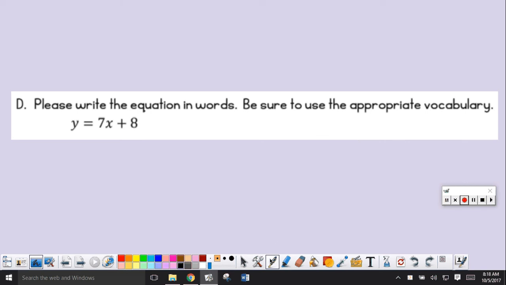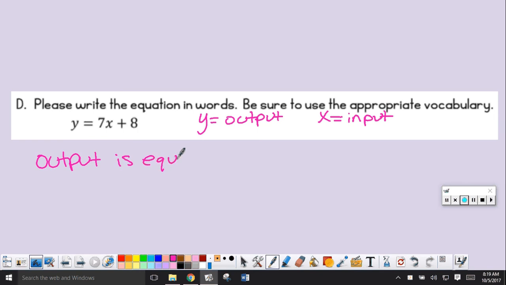So if you were to just use input and output, remember y is equal to output. That's what you're getting out of the problem when you put in your input, your x values. So I'm going to say output is equal to, and yes, I want you to write it all out.